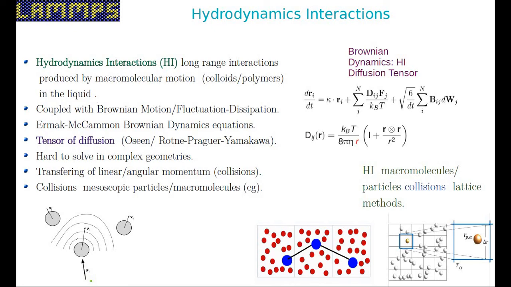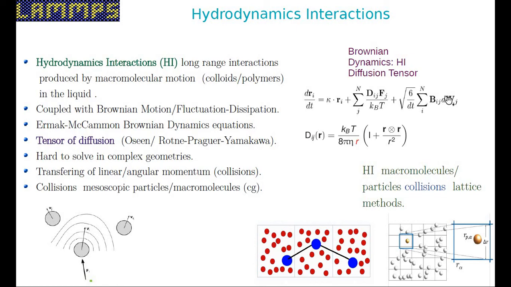The hydrodynamic interactions are coupled with Brownian motion and with the fluctuation dissipation theorem. As a consequence, it can be described by using the Ermak-McCammon equation. So this is the position of the particle, and this equation considers the coupling with the fluid and the coupling of the diffusion of the particles with the force.